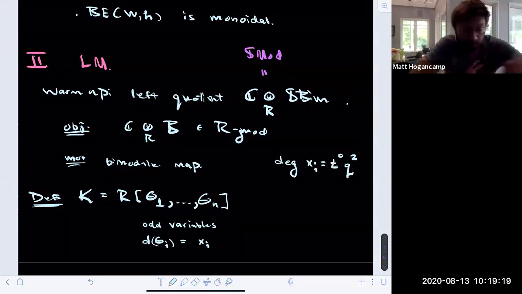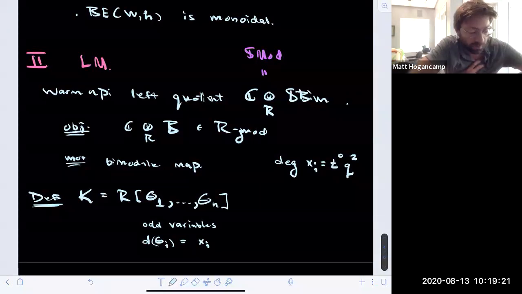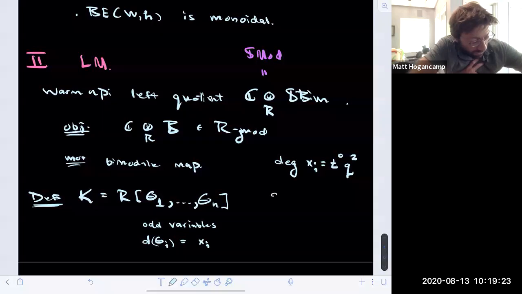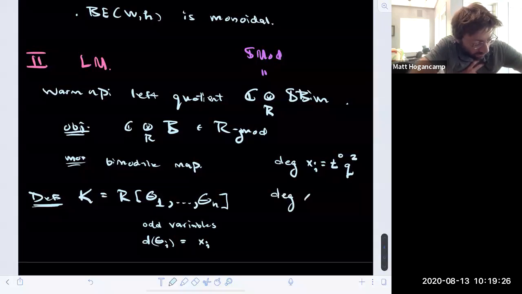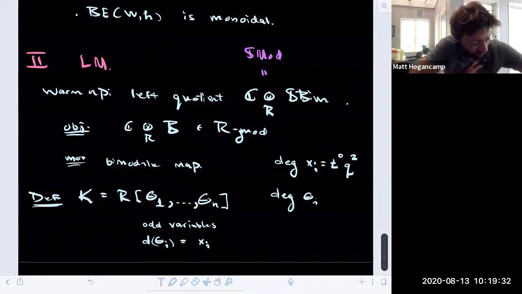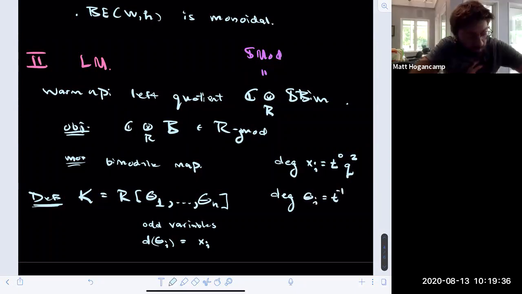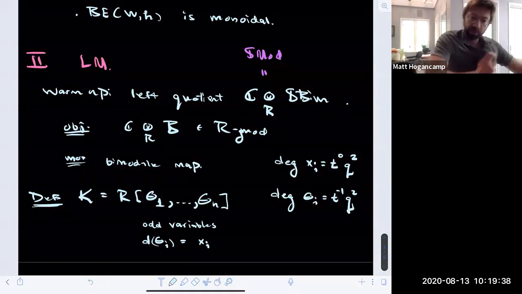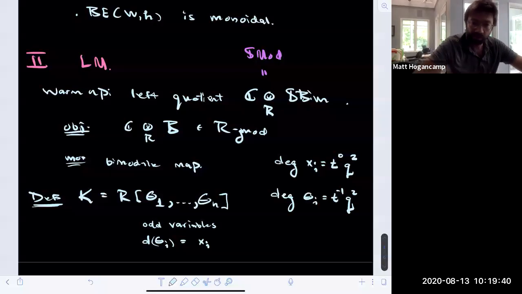So t to the 0 means it has cohomological degree 0. q squared means it has q degree 2. And the theta i's will have degrees t to the minus 1 because they're like homotopies, and q squared because they kill. Anyway, this guarantees that the differential has degree 1.